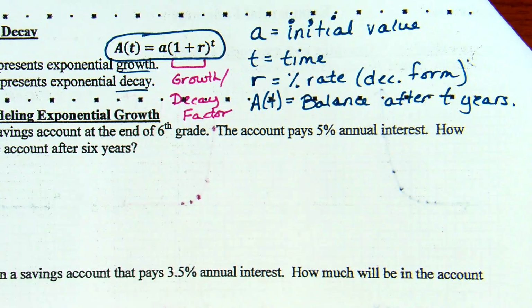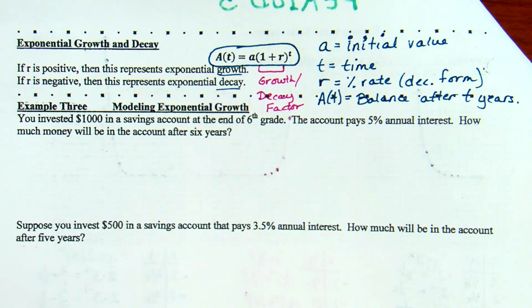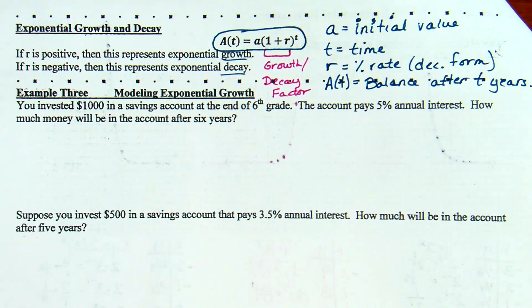Okay, with that in mind, let's try the first example here. Example 3. It says you invested $1,000 in a savings account at the end of 6th grade. The account pays 5% annual interest. How much money will be in the account after 6 years?